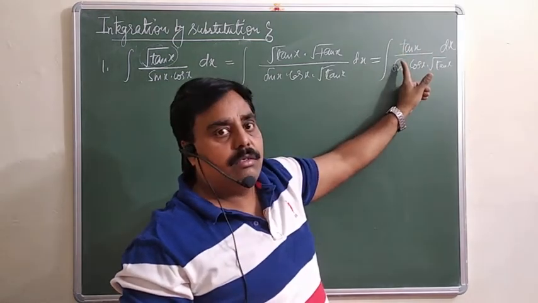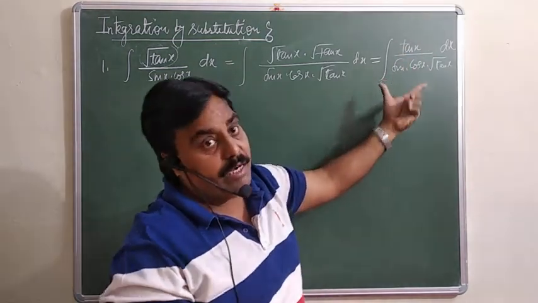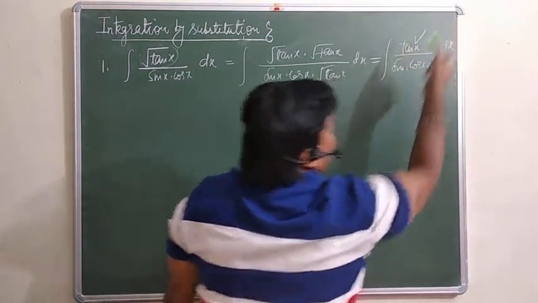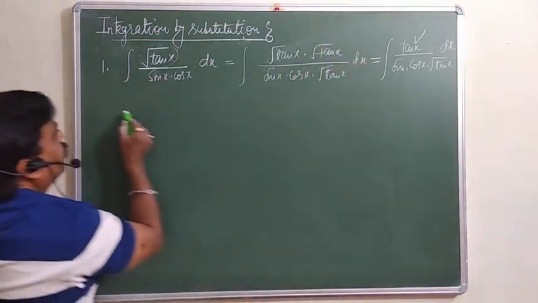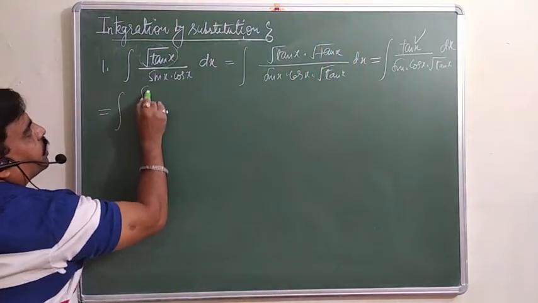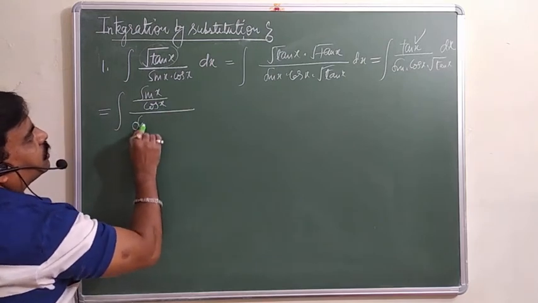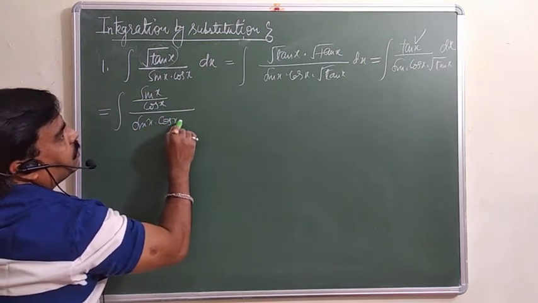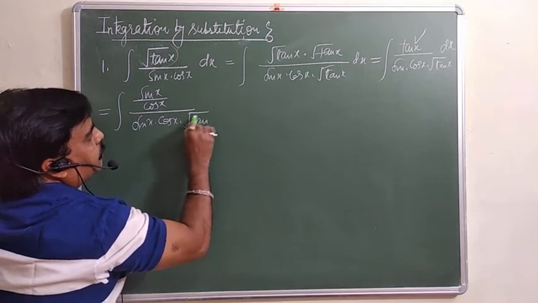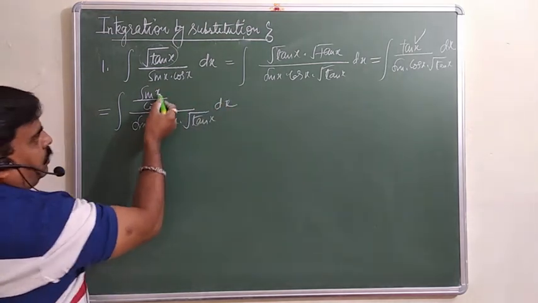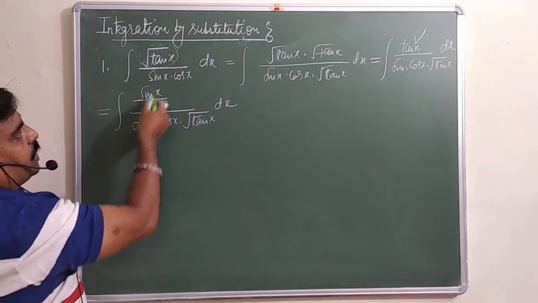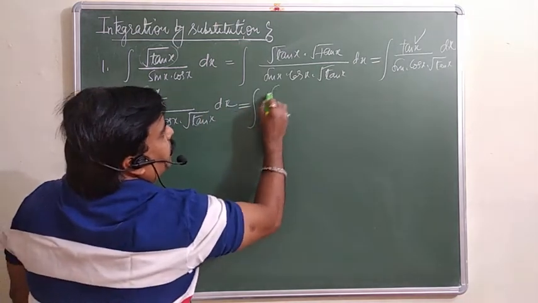So it means anyhow here sec square x must come, and that will come. See, you can break this tan x. Look at here. So this is your sin x over cos x whole over sin x into cos x, and root tan x will remain as it is dx. This cos x will come here only. This sin x will remain as it is, the numerator.